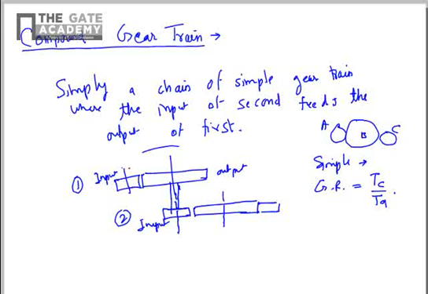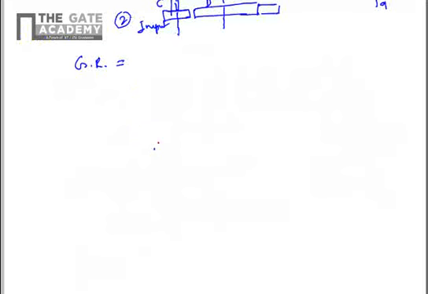In this case, we'll do the derivation for the gear ratio. Let's say this gear is A, this is B, this is C, and this is D. Our target is to find the gear ratio, that is the speed of the driver divided by the speed of the driven.